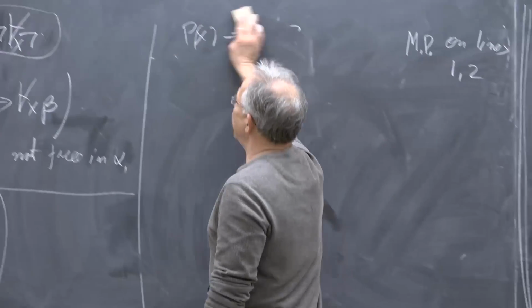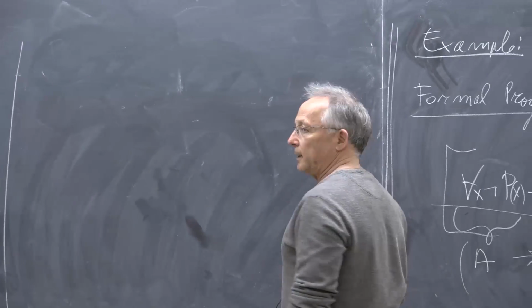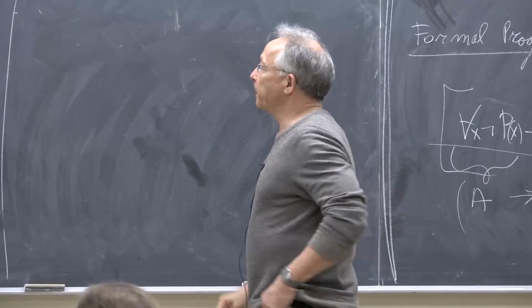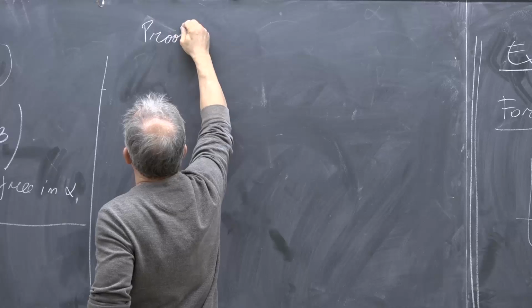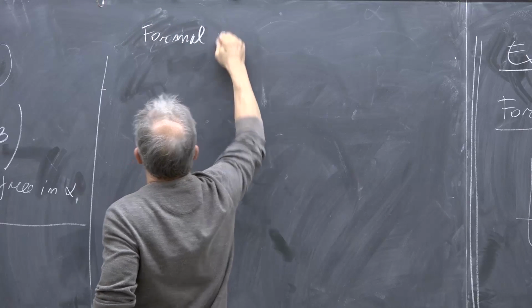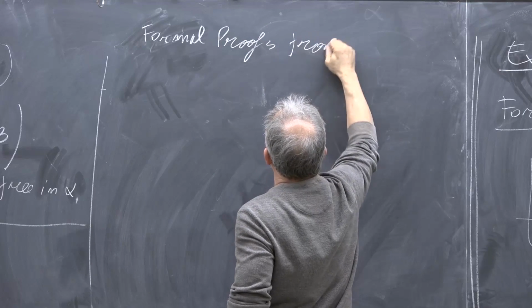I will first define the notion of proving from assumptions because I want to start with the soundness in this general form. Okay, so we have a definition of proofs, formal proofs, from assumptions.